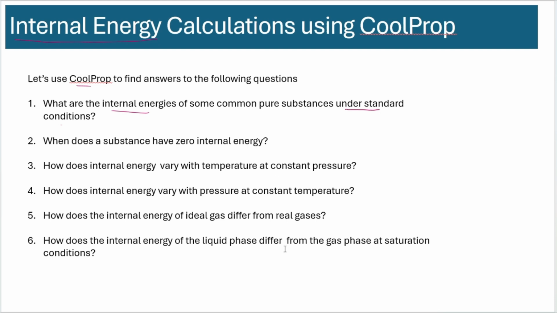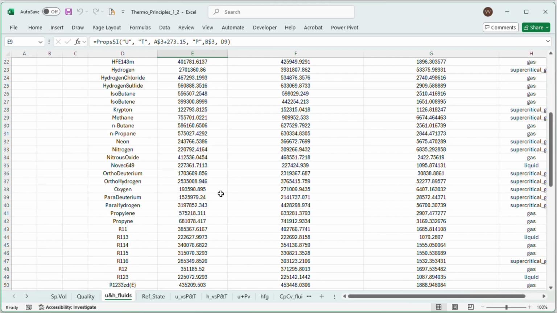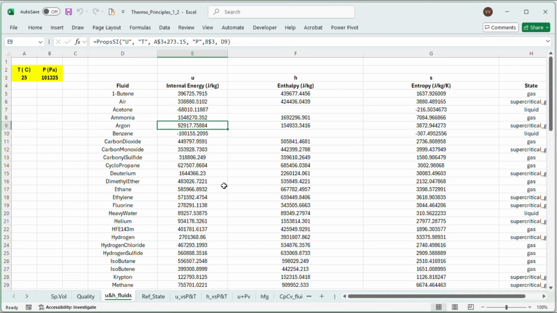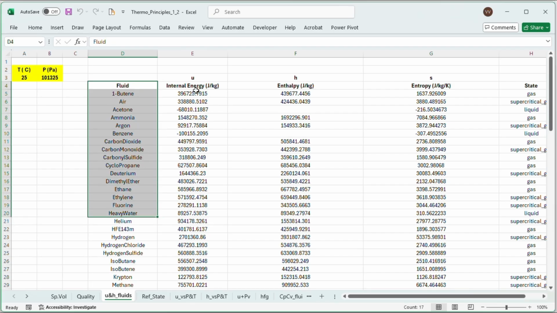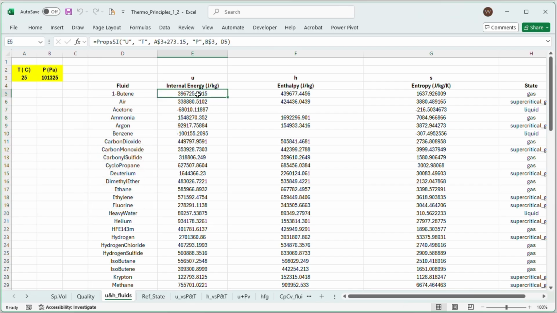All right. So open up the thermodynamic principles Excel file and go to the UNH fluids tab. Of course, it has other properties in here too, but all I want you to look at for now is that for different fluids, we are calculating internal energy values for the same temperature and pressure.